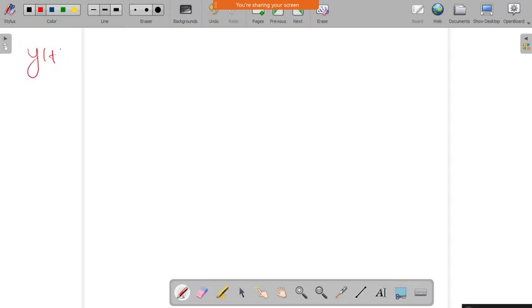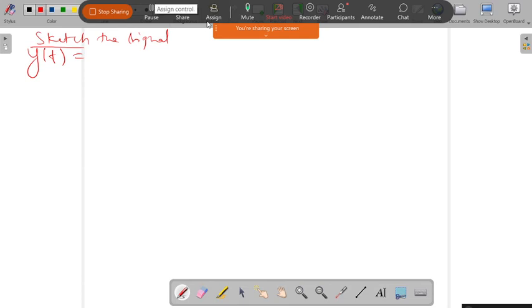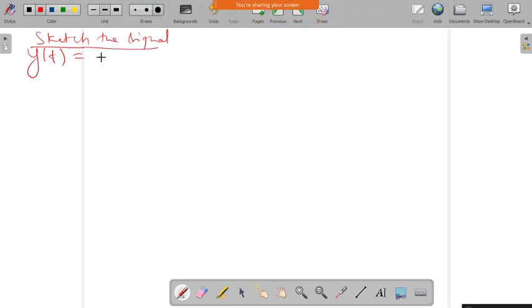Sketch the signal y of t, which is equal to x of t plus x of 2 minus t. So we need to add these two signals, so first you need to do the operation and then you need to add the signals.